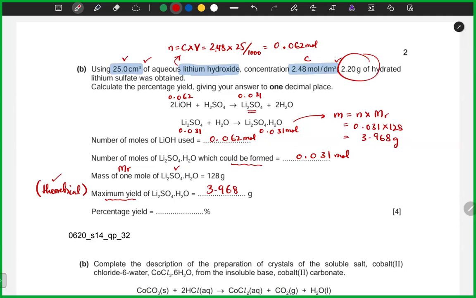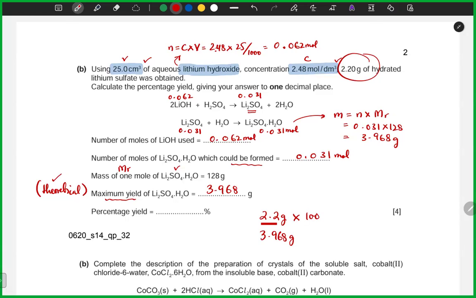They've told me that the crystals that are forming are 2.2 grams. So that's the actual. And I'm going to divide that by the theoretical, which I should be getting. I should be getting 3.968. That's the theoretical or the maximum yield, times 100.